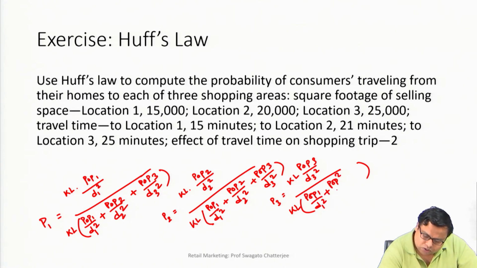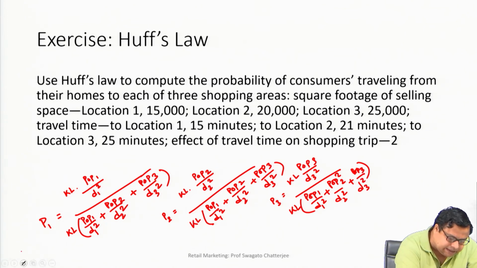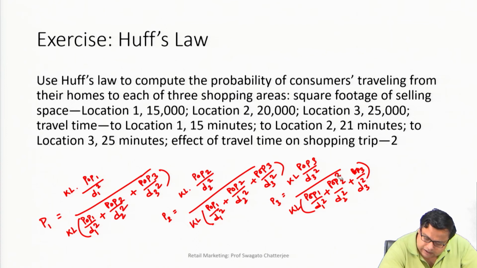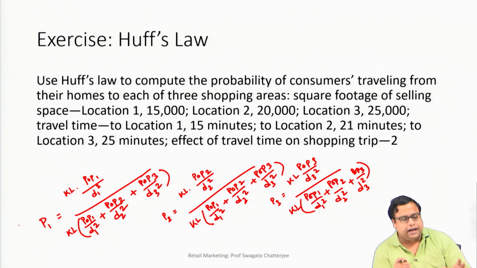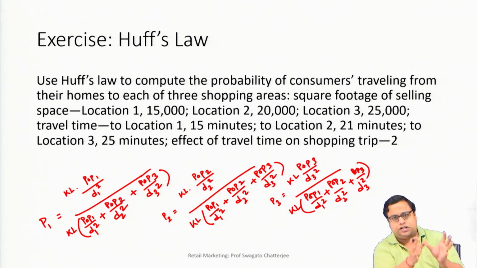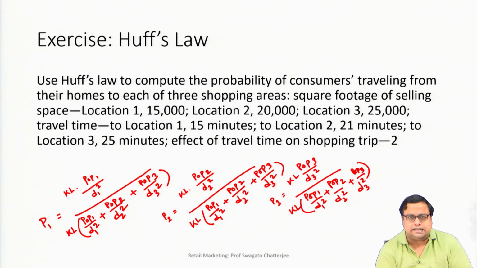So, the denominators are the same in all these 3 cases, but the numerators are different, and they are proportional to the population and inversely proportional to the distance squared.